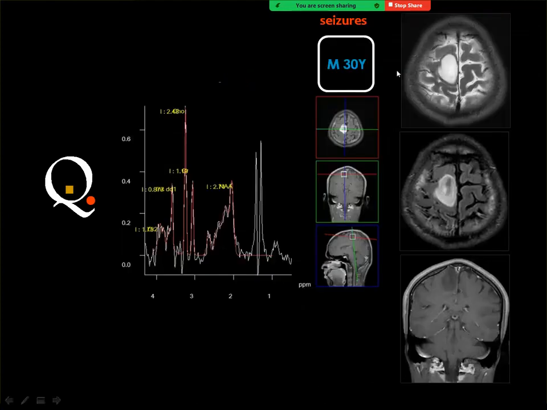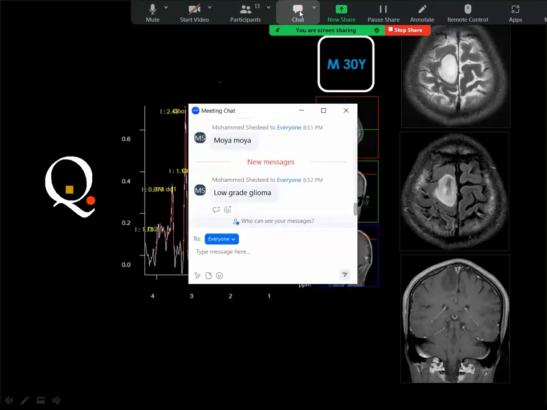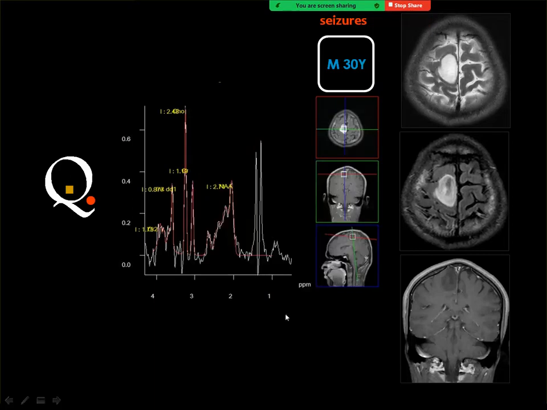Next case is a male patient, 30 years old, presented with seizures. And this is the MRI T2 FLAIR and T1 post contrast. And this is the MR spectroscopy. Actually, we cannot say that this is low grade, but this is diffuse astrocytoma.